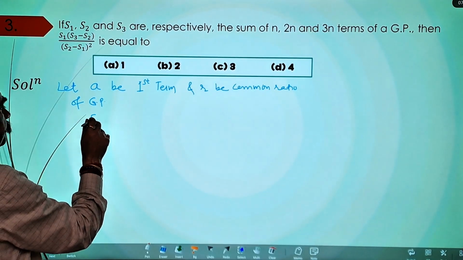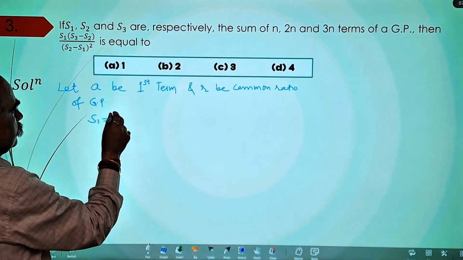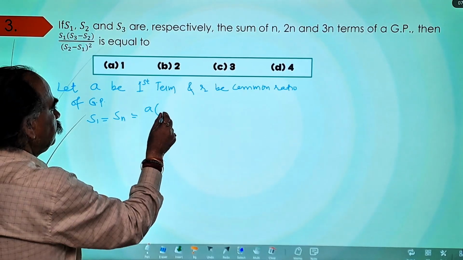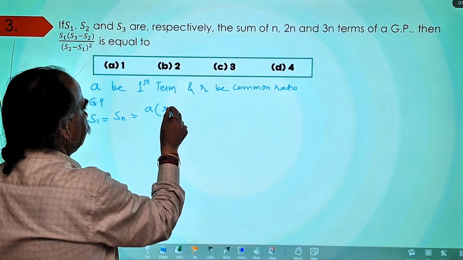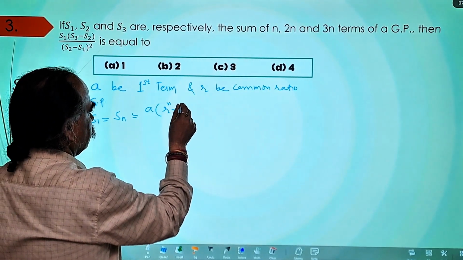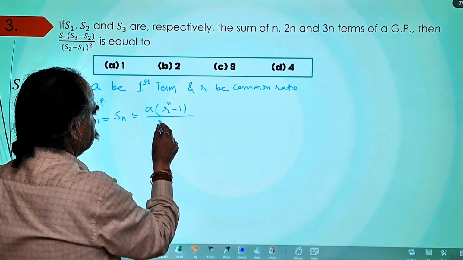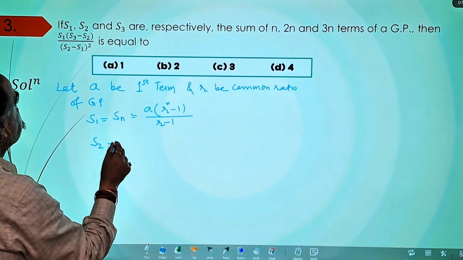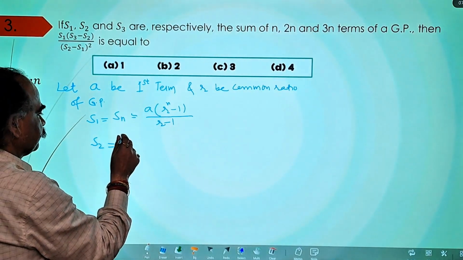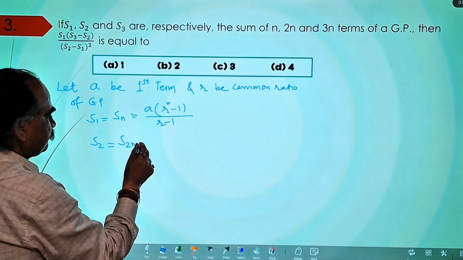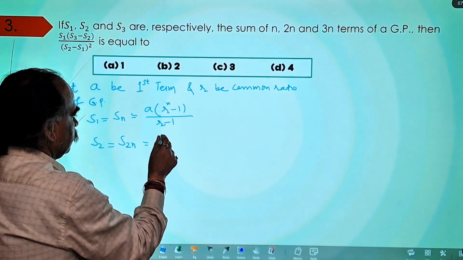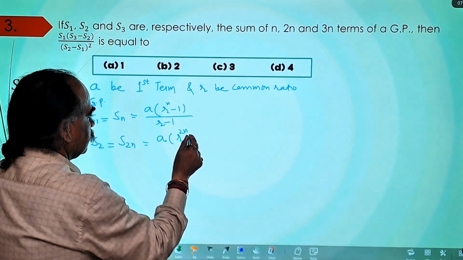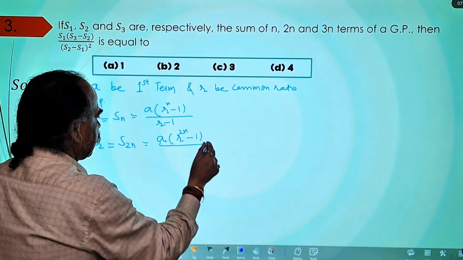S1 is what? Sn: A into R raised to n minus 1 upon R minus 1. S2 is the sum of 2n terms, S2n: A into R raised to 2n minus 1 upon R minus 1.